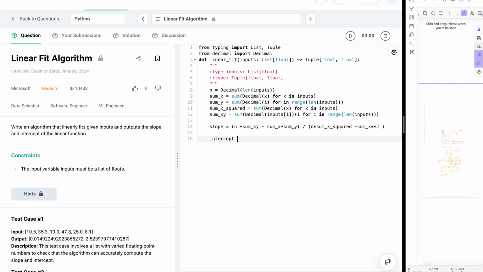So the intercept is summation of y minus the slope that we are going to get from just above, times the x value that we are going to have, and we need this divided by n, and in the end we'll return these float values of slope and intercept that we just calculated, to match the output that we are going to have.